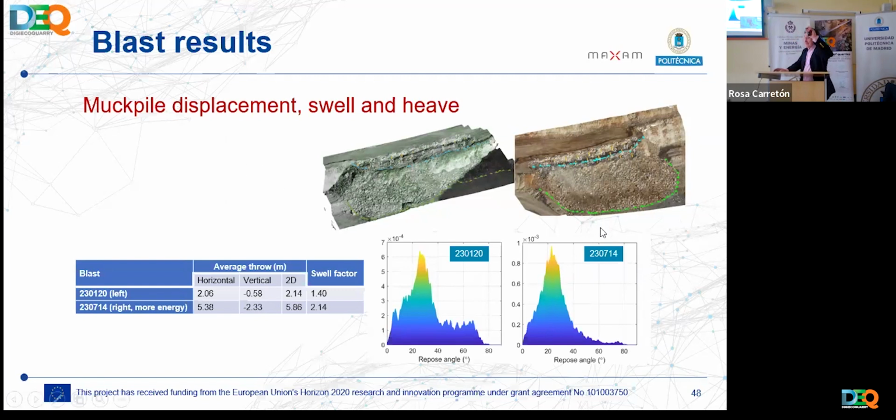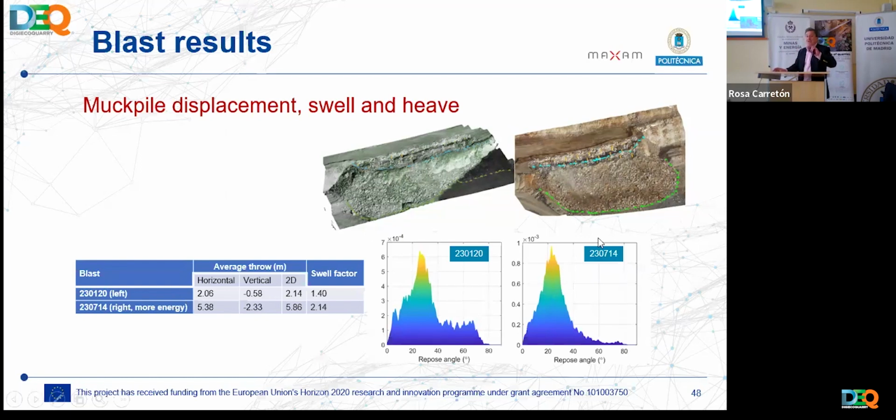These two examples belong to the quarry we're working with, which is, like I said, a limestone quarry. And you see here a normal thrown pile. Whereas here you see a muckpile where a large part of it, a section of it, is very little displaced.